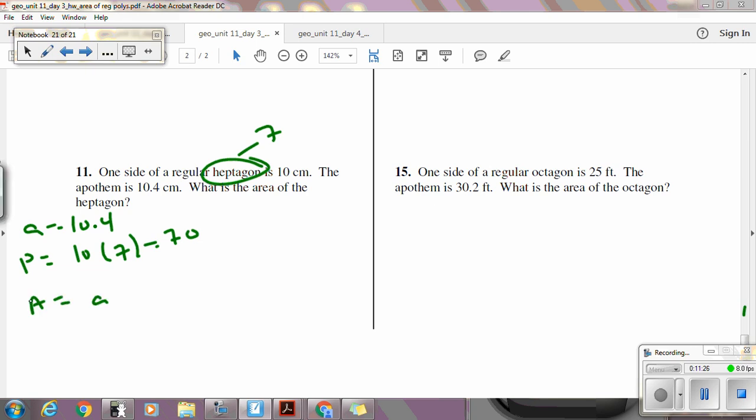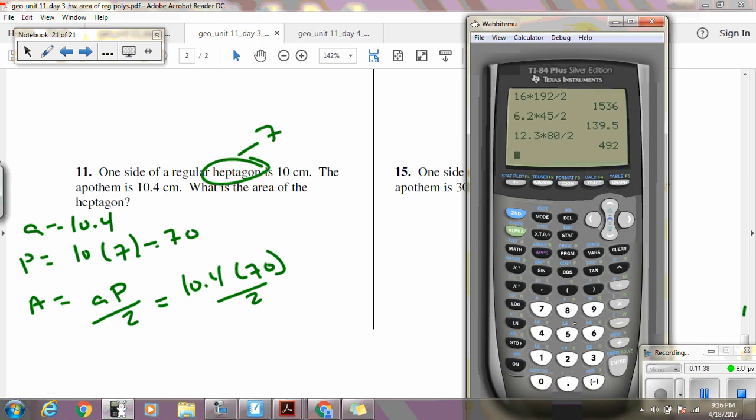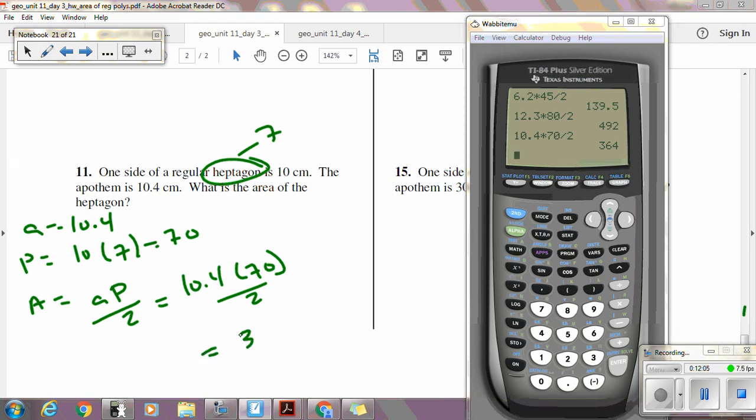The area is apothem times perimeter over 2. 10.4 times 70 over 2. 364 centimeters squared.